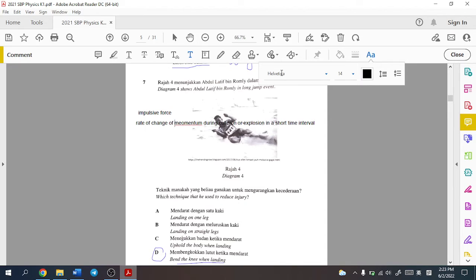A warm reminder: you have to emphasize during collision or explosion and in a short time interval. You cannot just write rate of change of momentum, because sometimes the examiner might not accept it. This is the best answer.